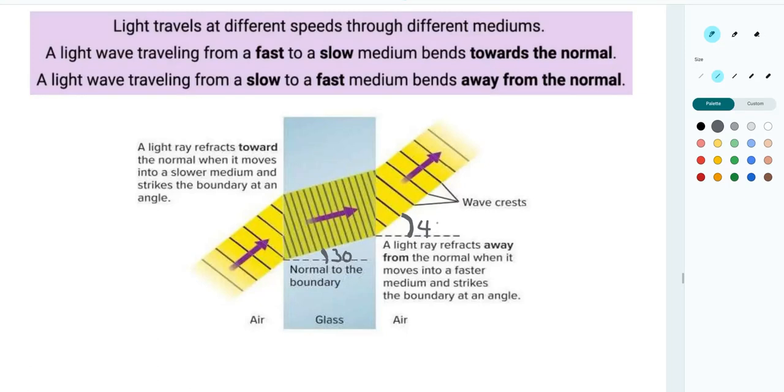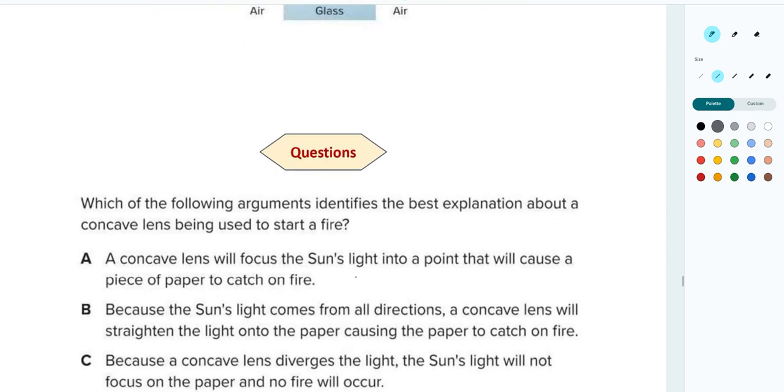These are just arbitrary numbers that I'm picking. We can see that the angle of refraction changes as it is moving from fast to slow and then slow to fast. So here it bends away from the normal, here it is bending towards the normal.